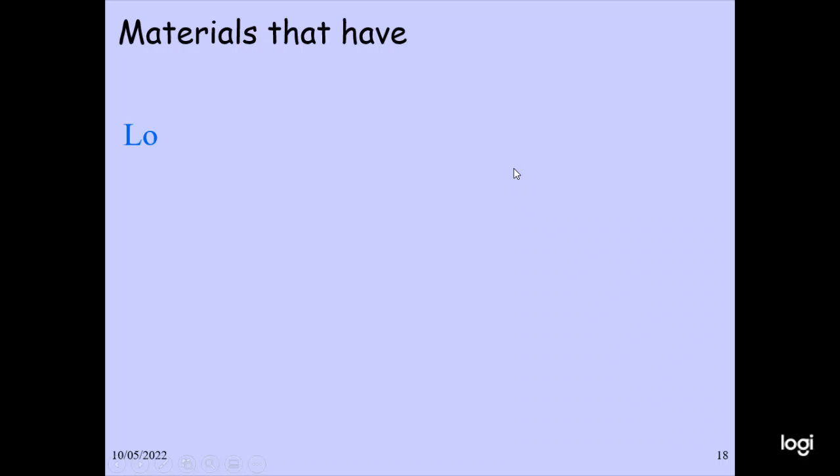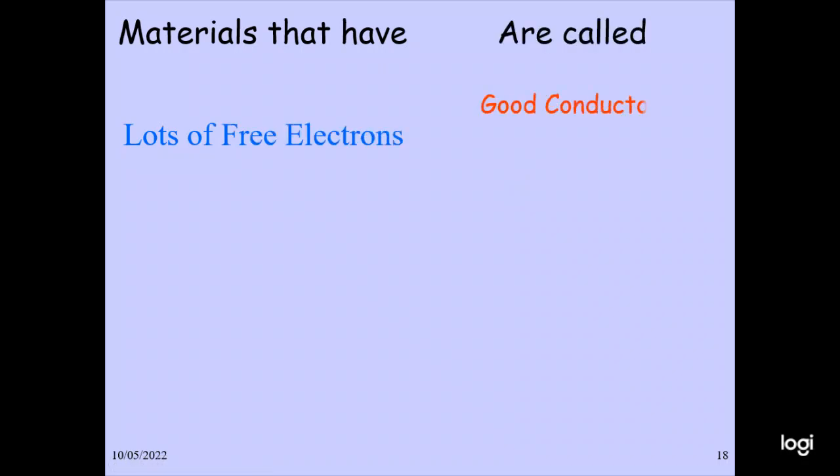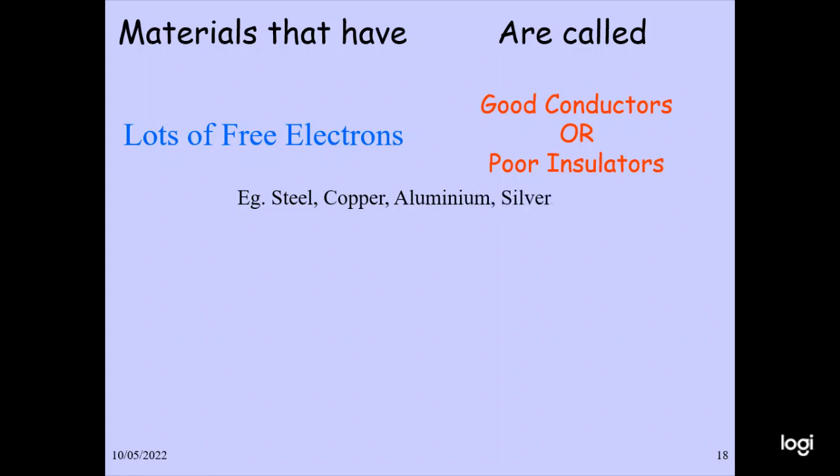Materials that have a lot of free electrons are called good conductors. There are many free electrons, so they are good conductors. Where very few are free electrons, this is a poor conductor. Steel, copper, aluminum, silver, gold are good conductors or poor insulators. They have a lot of free electrons at the outer orbit.